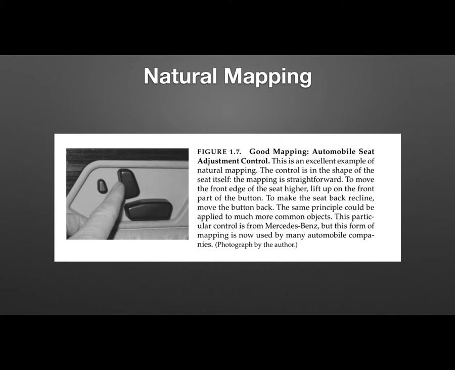The only thing that could be more straightforward is if you directly moved the seat, but that takes away the benefit of the power seats. So this is the mapping closest to a natural mapping. The idea to remember here is that the things that control something should be close to the thing they control.